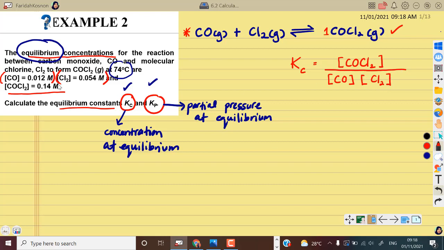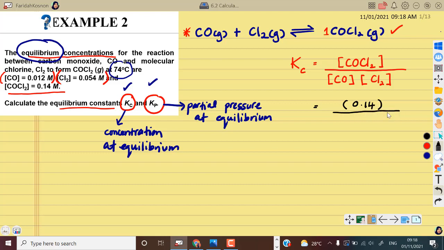So, disebabkan kita sudah ada concentration at equilibrium, jadi ratio hasil bahagi concentration ini, kita akan dapat satu nilai constant yang kita panggil dia Kc. Okay, so bila you dah nampak kat sini, dah ada concentration at equilibrium, you just gantikan sahaja nilainya. Okay, substitute all the values here. So, the concentration of COCl2 at equilibrium is 0.14.